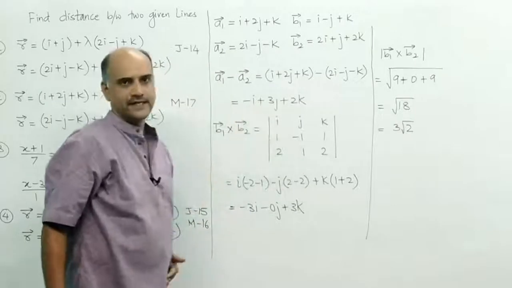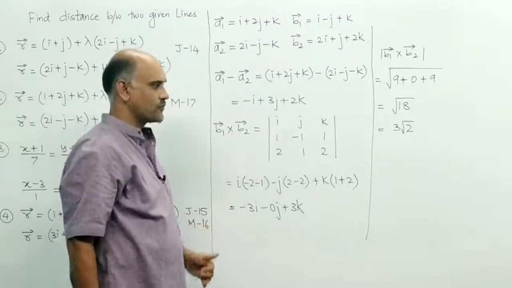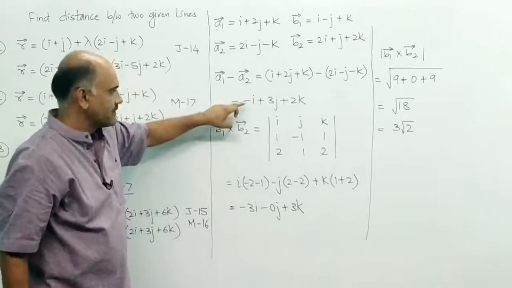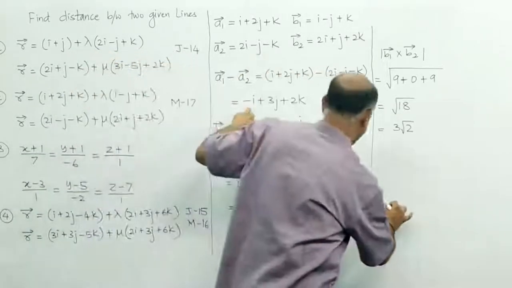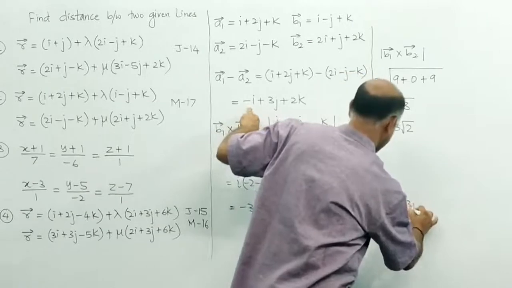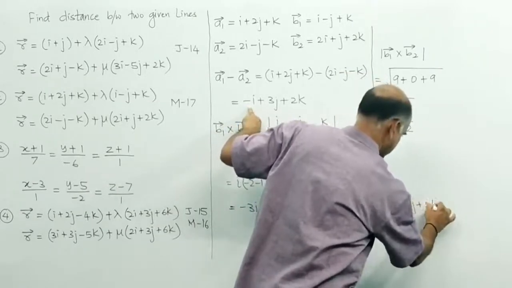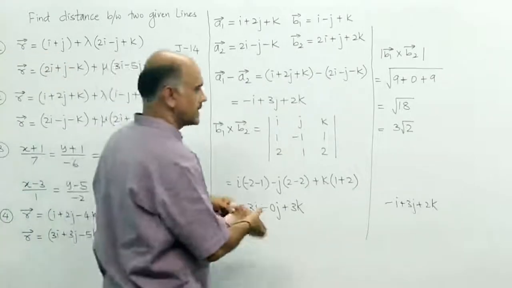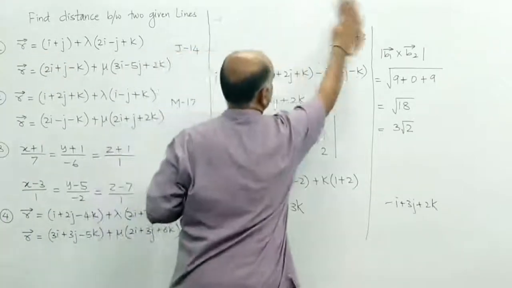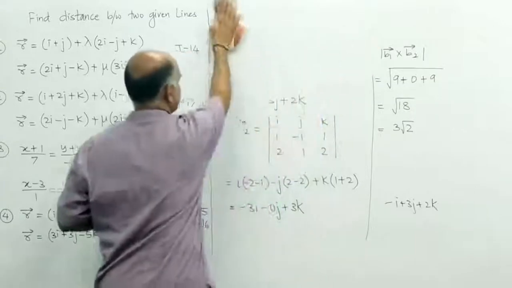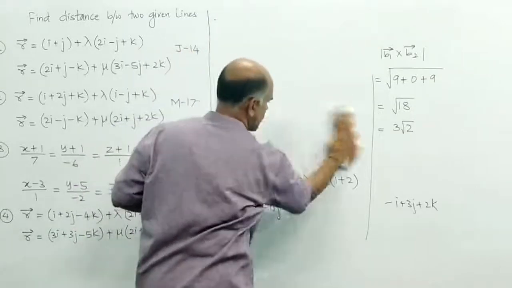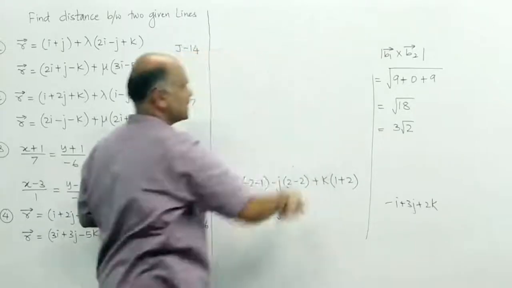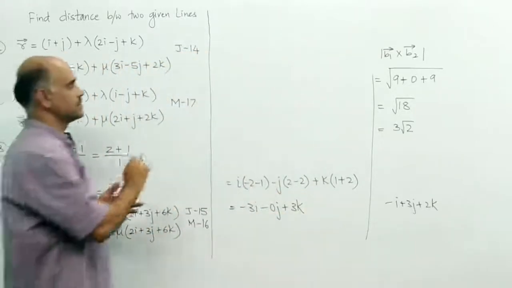Then again final step. Now again write the formula for shortest distance and substitute. So again I will note down this over here, minus I plus 3j plus 2k. So write the formula for shortest distance, then substitute the values. So shortest distance is given by formula mod of a1 minus a2 dot b1 cross b2.